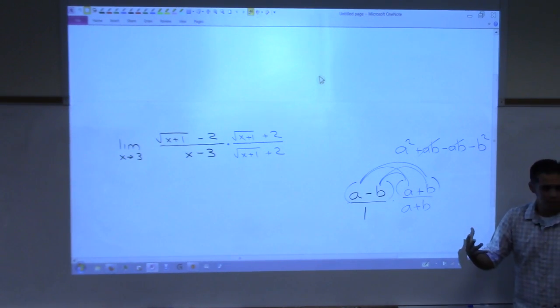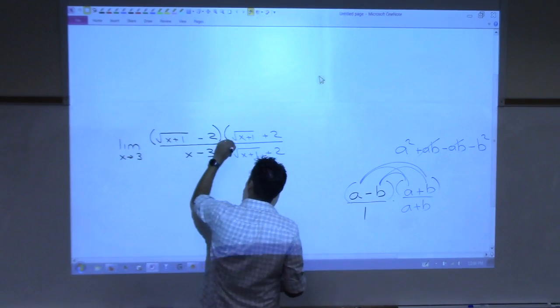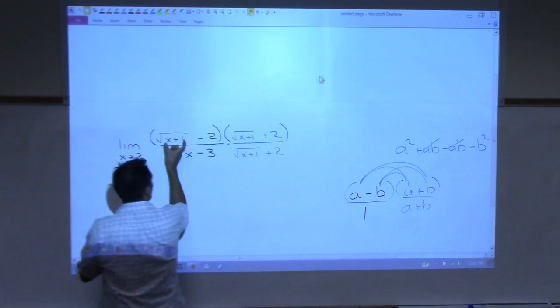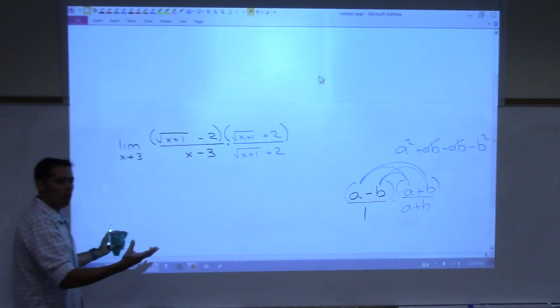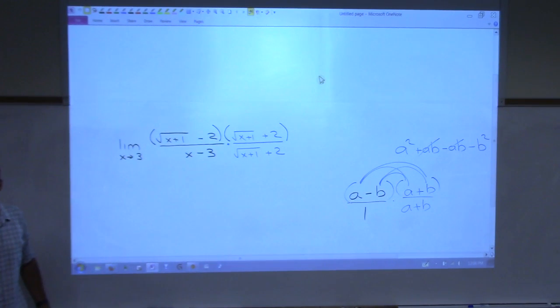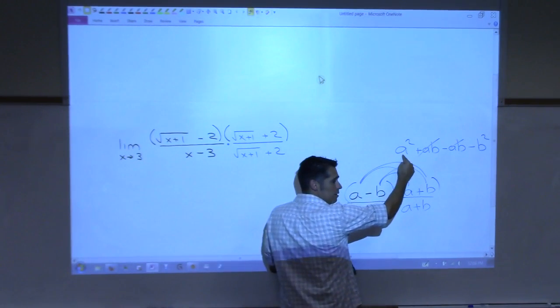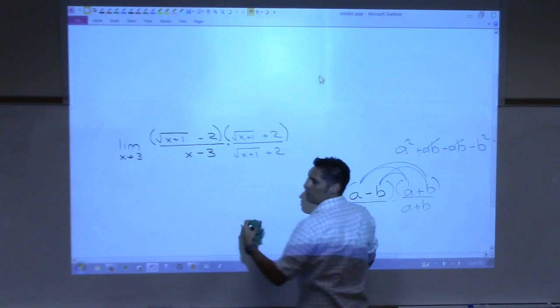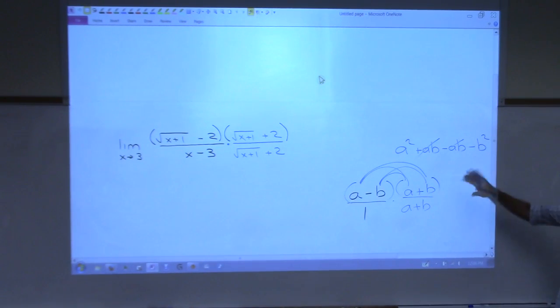And why is that valuable? Because if we look at this right here, this is like our a minus our b. At the end of it all, the radical won't be there, because the only thing that's going to come out is a squared, which will be the radical squared. So no more radicals. That's just to show you why we do it.